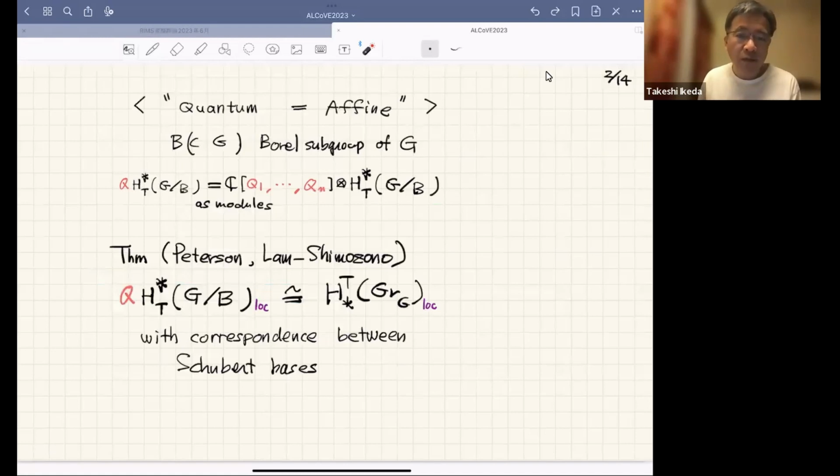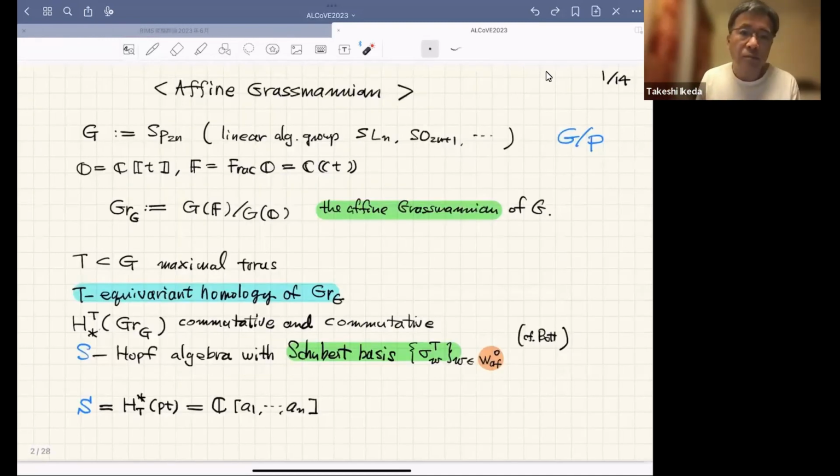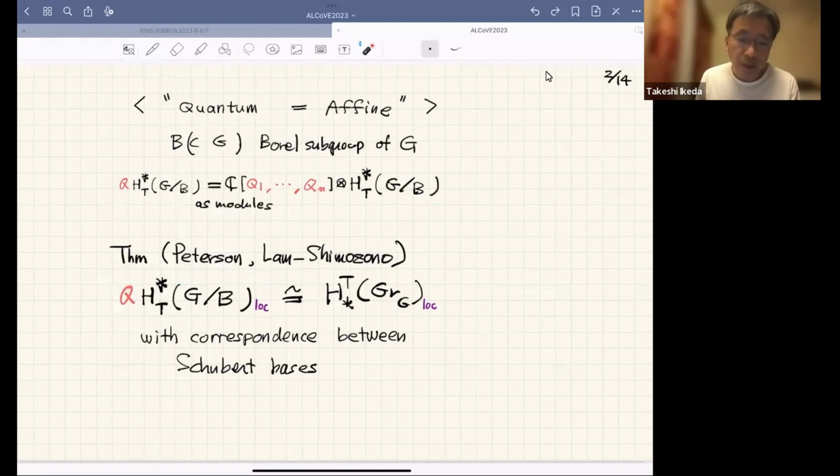Here B is a Borel subgroup of our G, and G mod B is called the flag variety, and with some deformation parameters, in a quite non-trivial way, we can extend the ring structure to that ring, called the quantum cohomology ring.